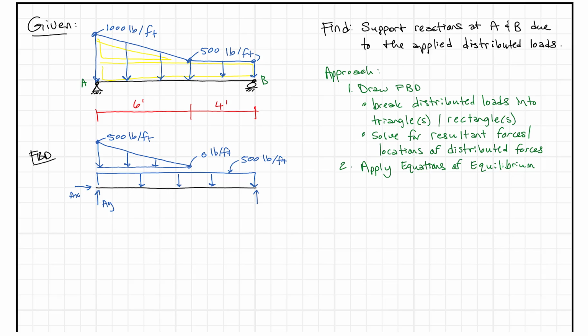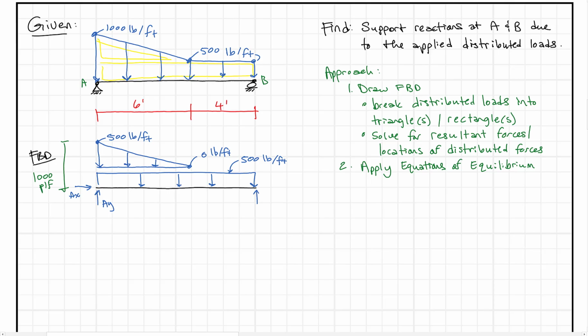What we do want is this triangular load of 500 pounds per foot on top of a rectangular load of 500 pounds per foot. So all in all, at this end, the total load is going to be 1,000 pounds per foot, PLF.